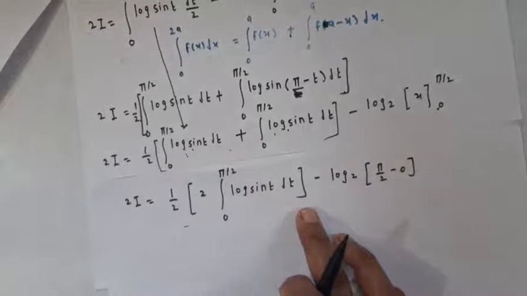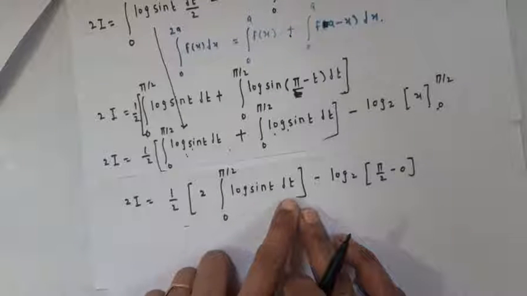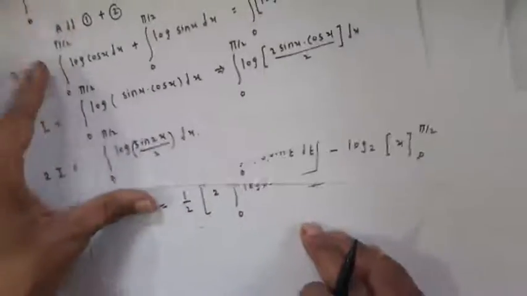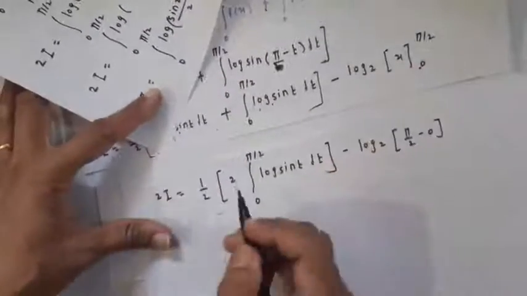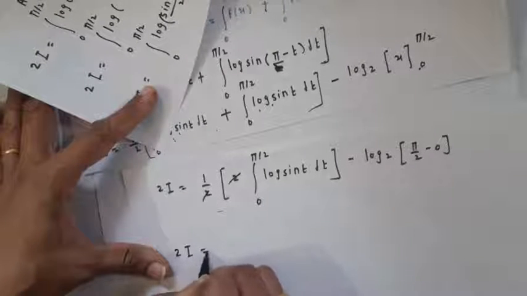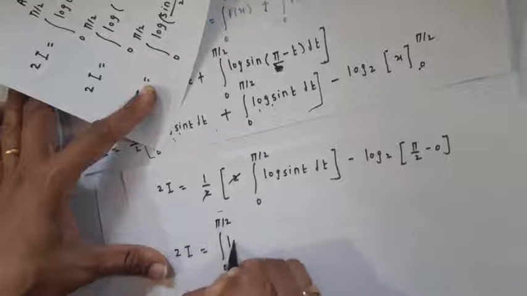And as we solved from equation 2, this 2 gets cancelled.